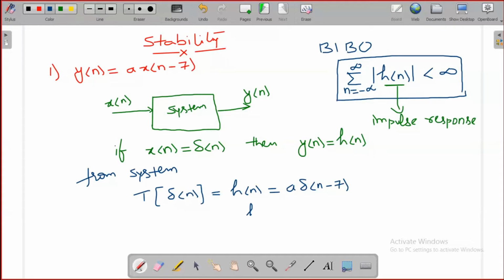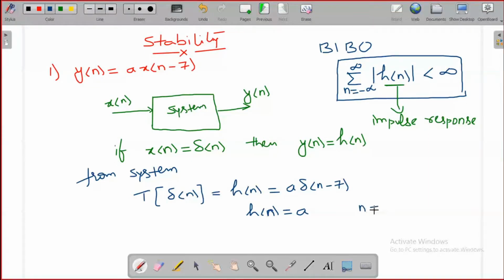What is the impulse response value? a into del of n minus 7. Del of n minus 7 becomes 1 only at n equal to 7. So the impulse response value is a at n equal to 7.